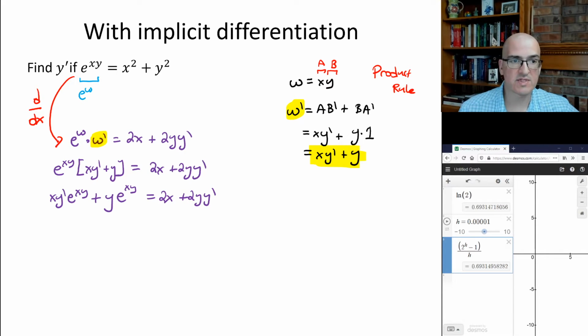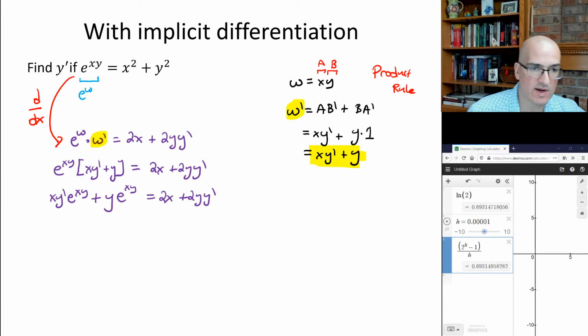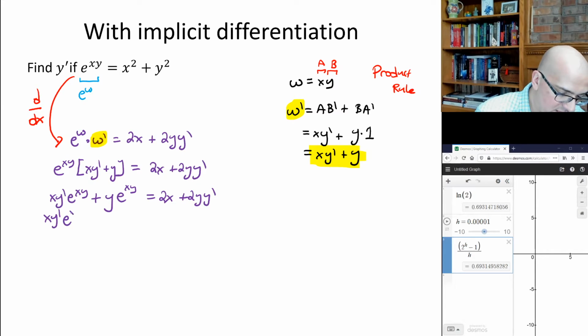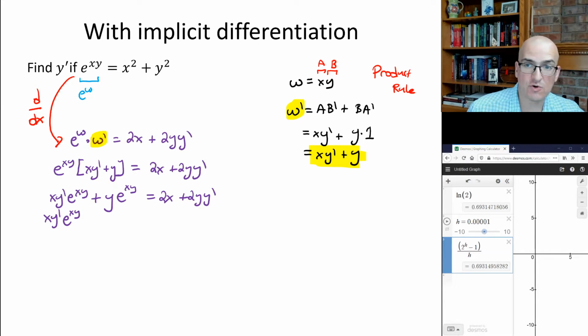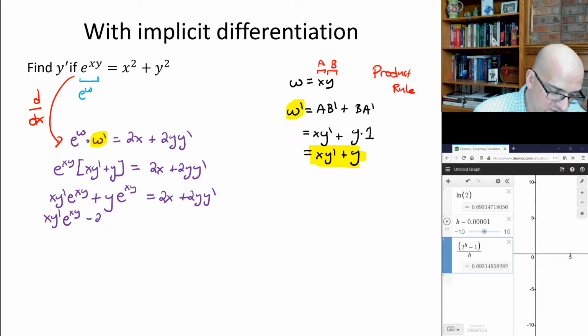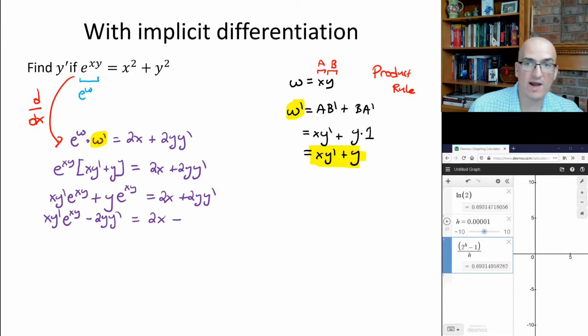Now I can do the sorting step. I can take all the pieces with y prime and move them over to the left, and the pieces without y prime, move them over to the right. So the first piece stays where it is, x y prime times e to the xy, and it's joined by the 2y y prime that I have to subtract from both sides. So minus 2y y prime equals, the 2x stays on the right-hand side, and it is joined by the y e to the xy that gets subtracted from both sides. So minus y e to the xy.